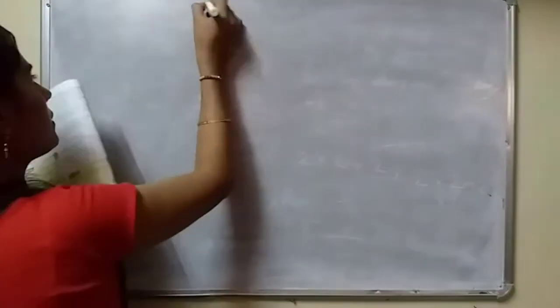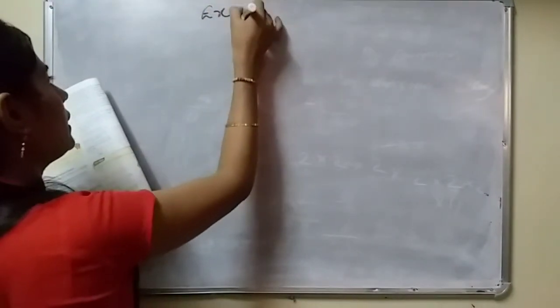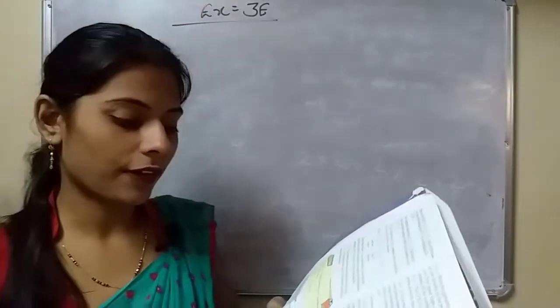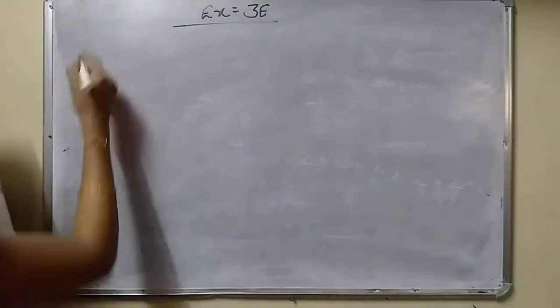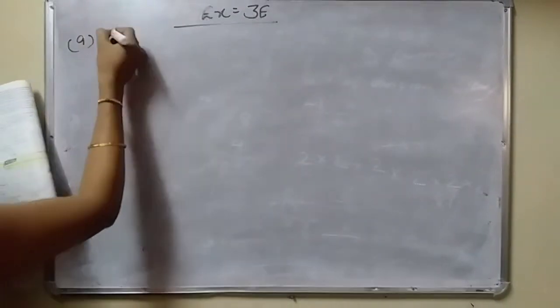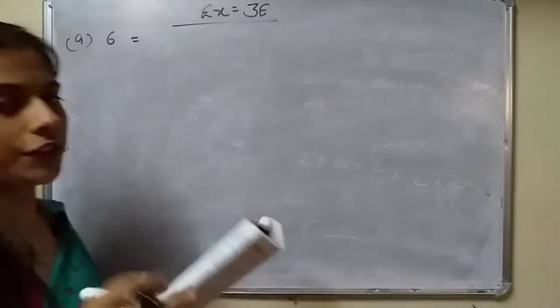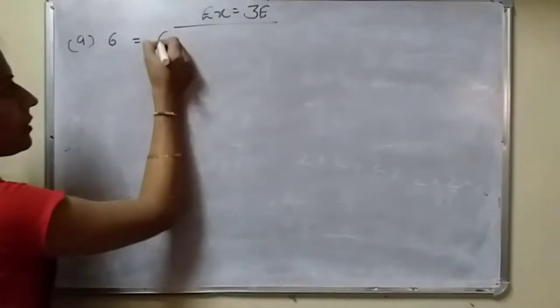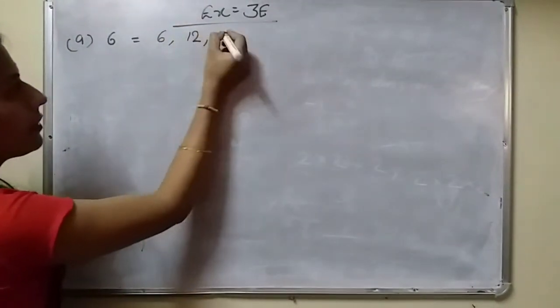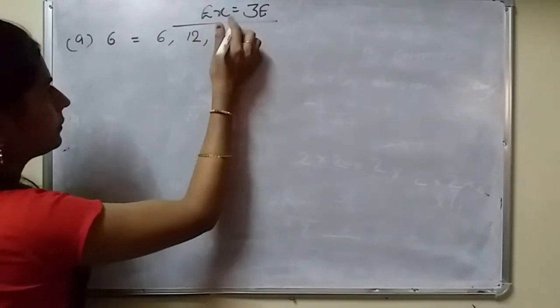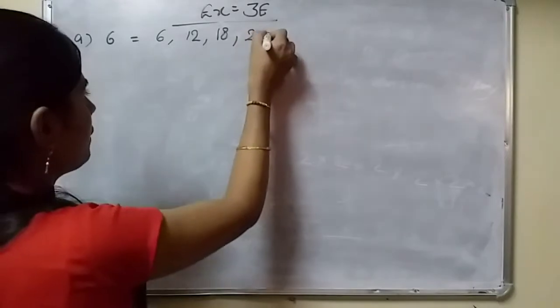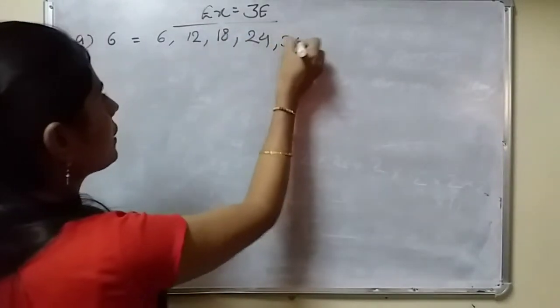Okay, see exercise 3E. See question number 1. List the first 5 multiples of the following numbers. First 5 multiples you have to find. A, 6. Which are the first 5 multiples of 6? 6 1s are 6, 6 2s are 12, 6 3s are 18, 6 4s are 24, 6 5s are 30.